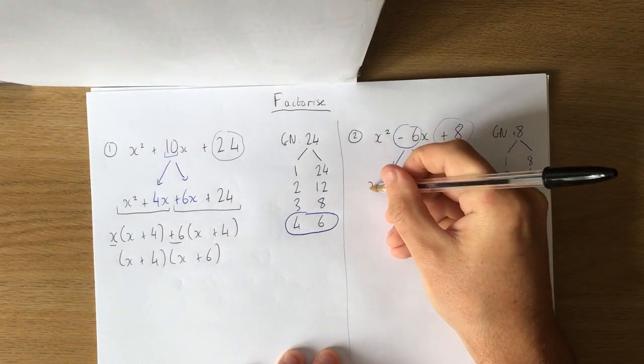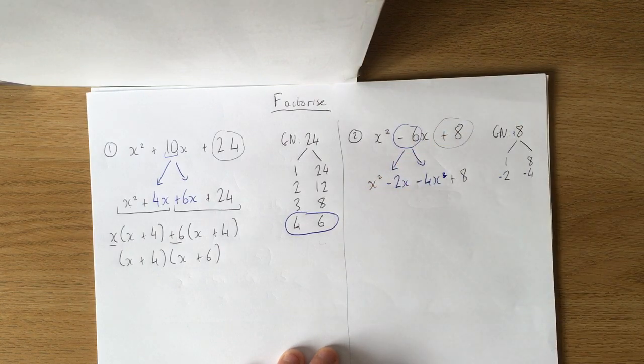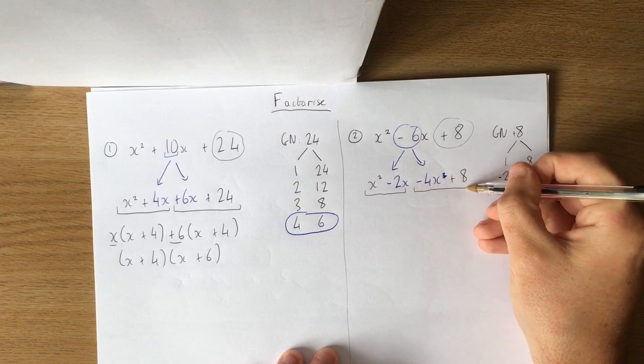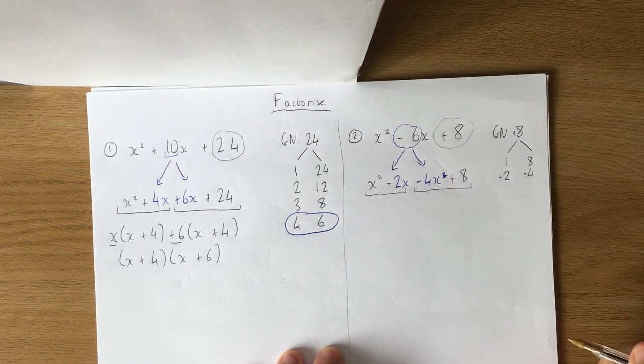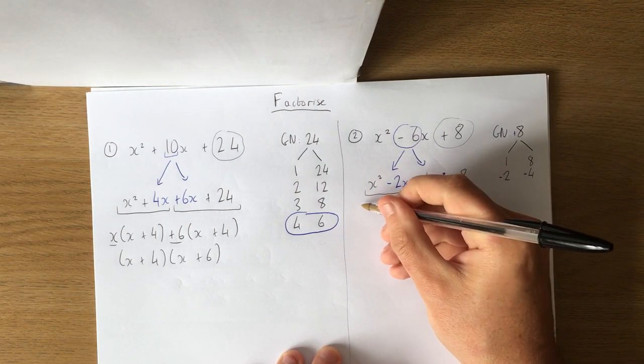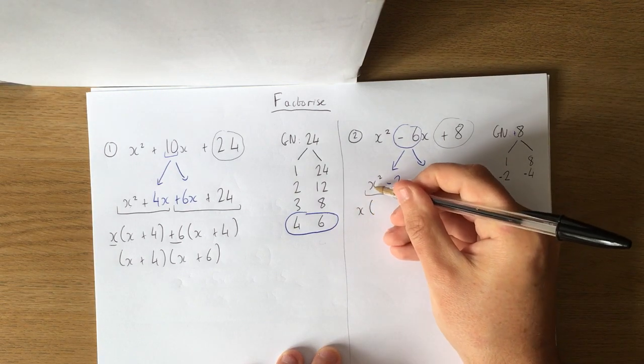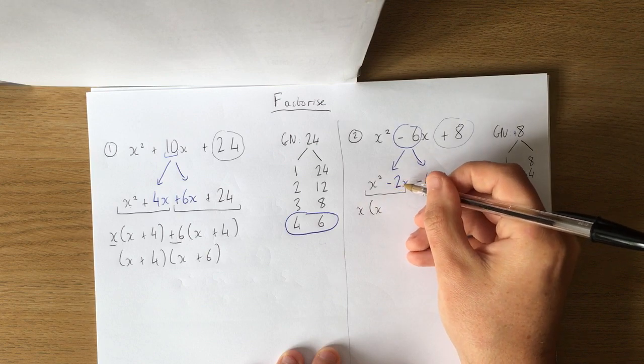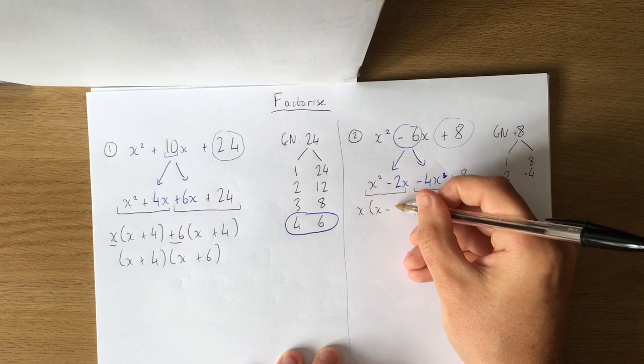Still got my x squared at the start. So 2 groups of 2. x squared minus 2x. What divides into both of those? It's x. x squared divided by x is x. Minus 2x divided by x is minus 2.